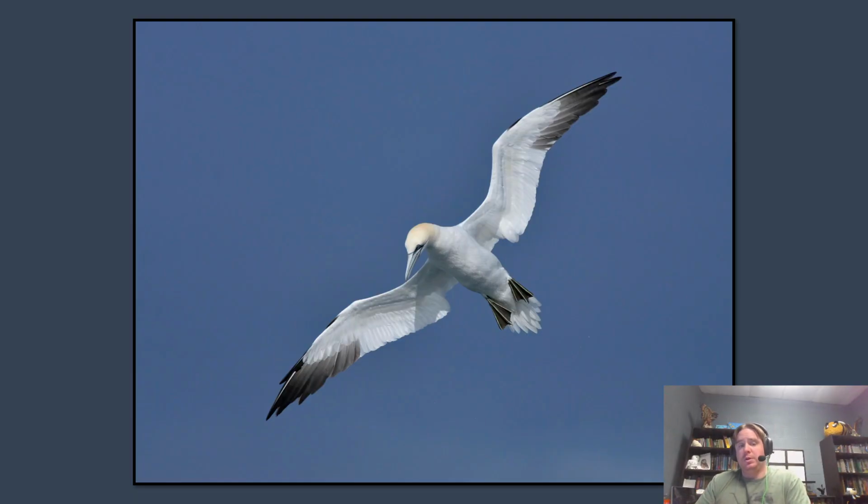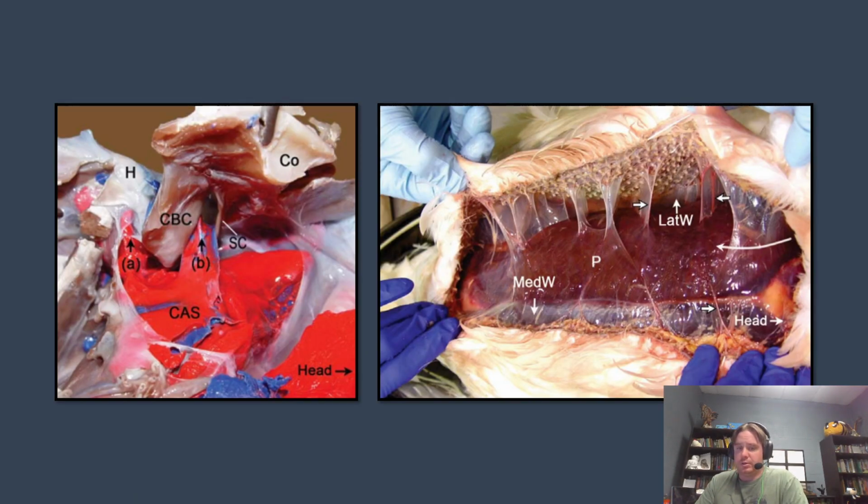Now, I will tell you, there's some research that suggests that these guys are so good at hitting the water in this very aerodynamic way that the impact forces are very low, and these are probably not airbags. There are some arguments against this hypothesis. I'll show you what these airbags look like, the picture on the right here.